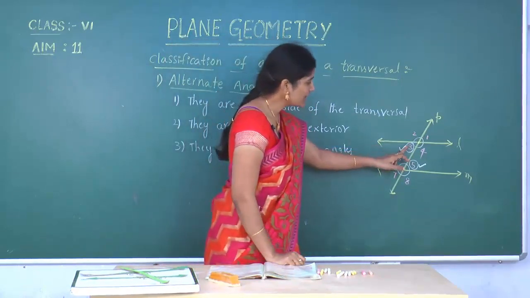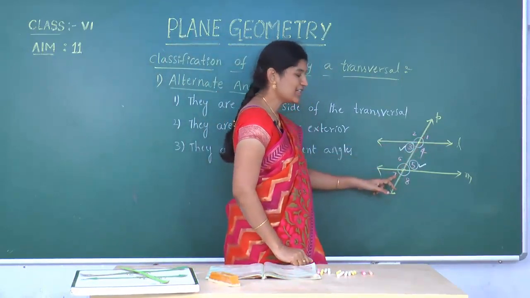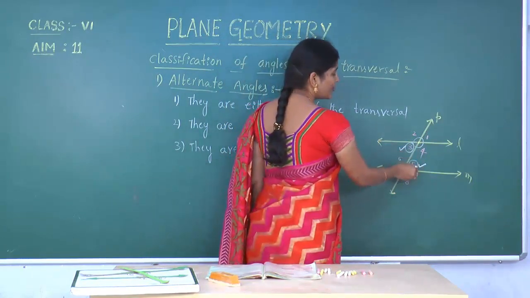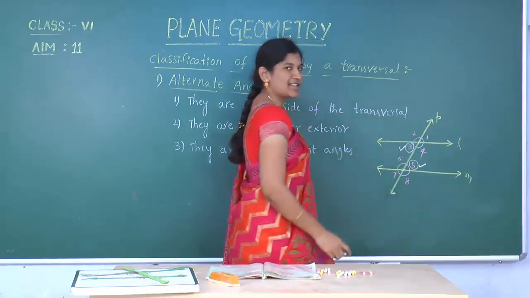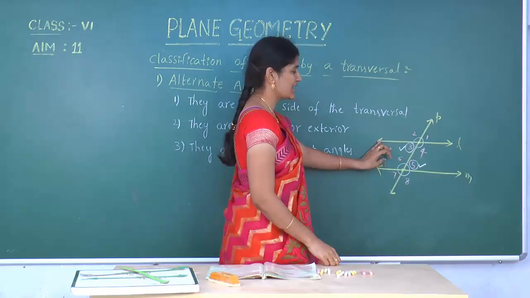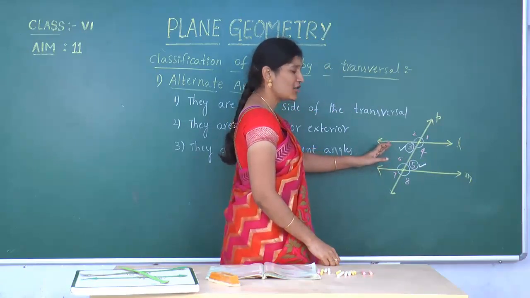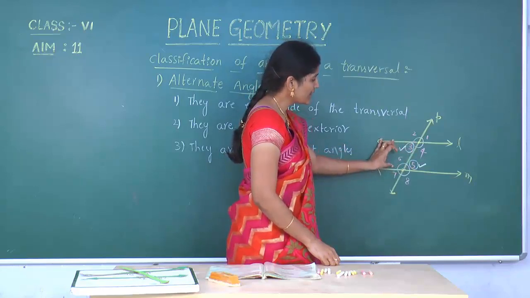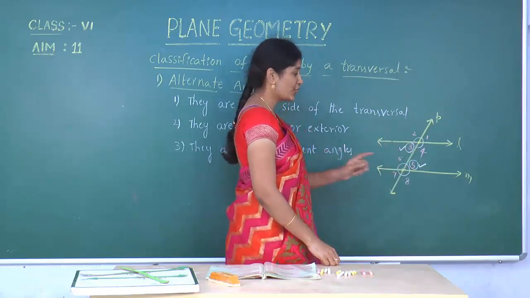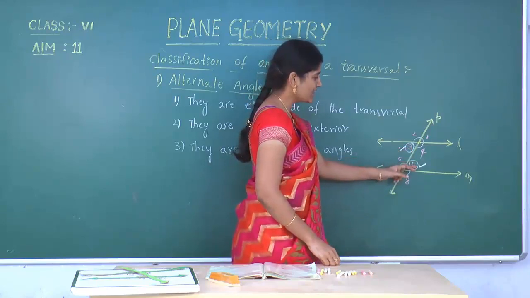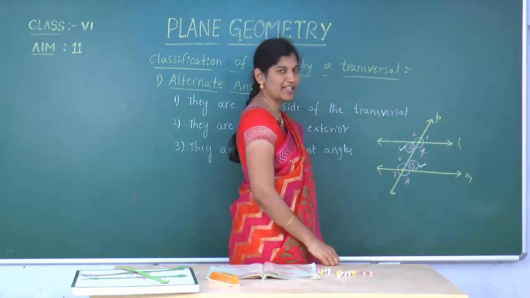First of all, 3 and 5 are either side of the transversal, and the second thing is they both are interior angles. Interior angles means both are lying between the two lines. They may be parallel or not. These two angles are between two lines, and moreover they are not adjacent angles. So we can say here 3 and 5 are a pair of alternate angles.